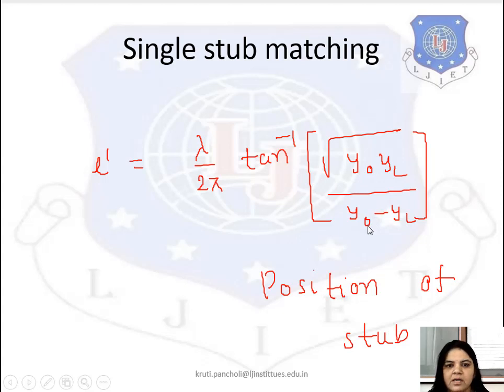Whenever impedance matching is required at high frequency, we need to find the position and the length of the stub, and from that we can design the transmission line and avoid the impedance mismatch and the losses which can be there due to the mismatch of the impedance.